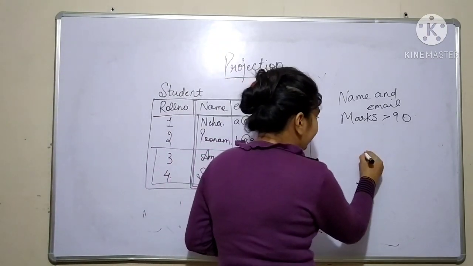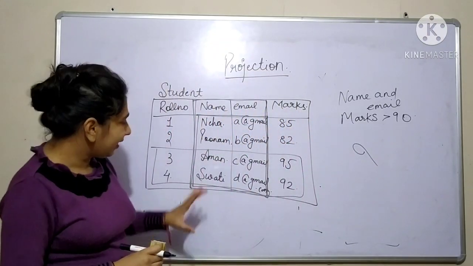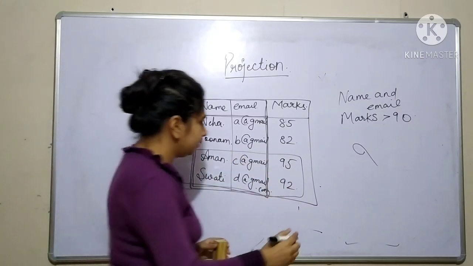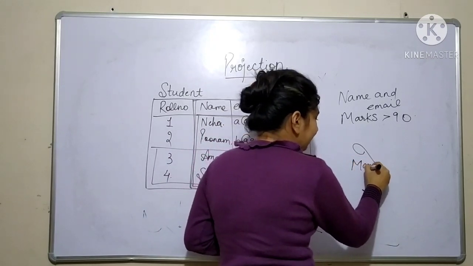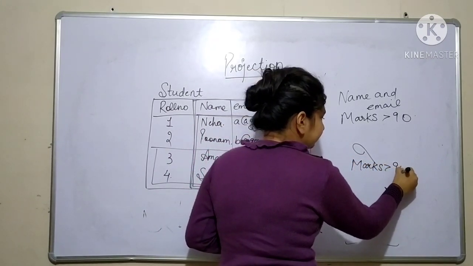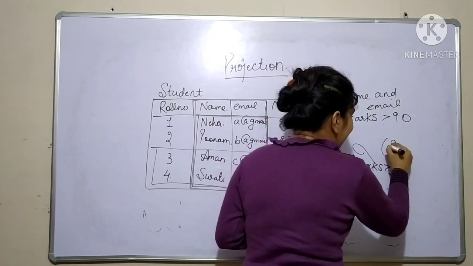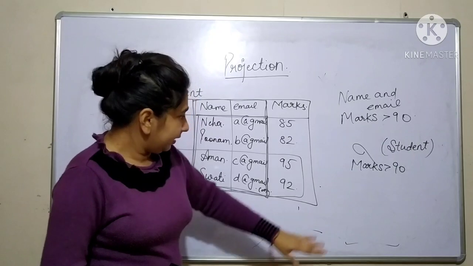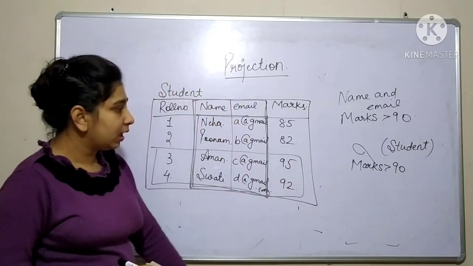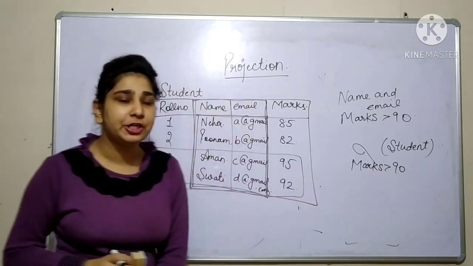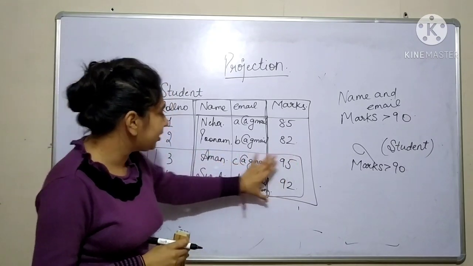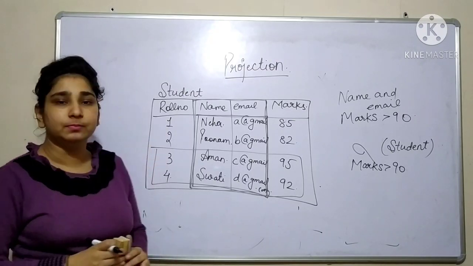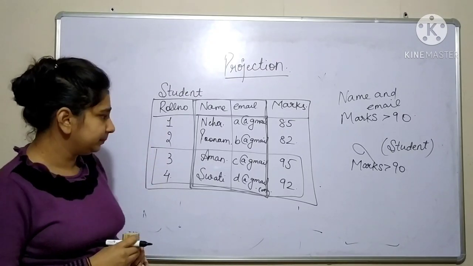So what I will be doing? Selection. Firstly I will be performing the selection operation: marks greater than 90 from relation student. If you look at this operation, we are fetching two tuples, the two students having roll number 3 and 4, in the output.